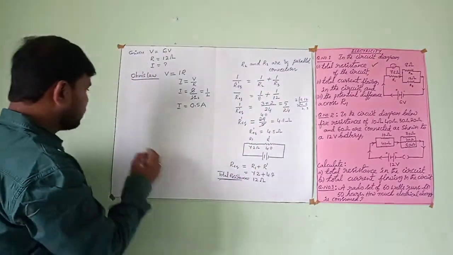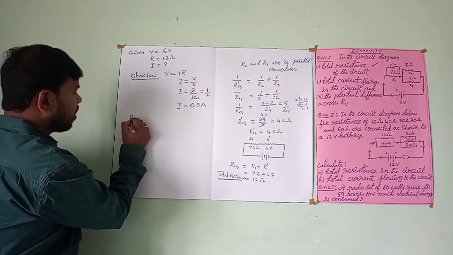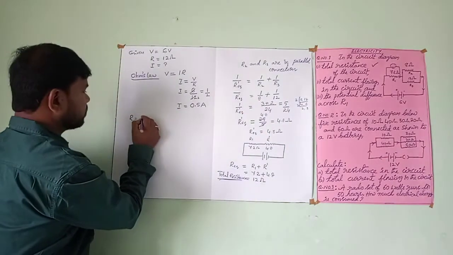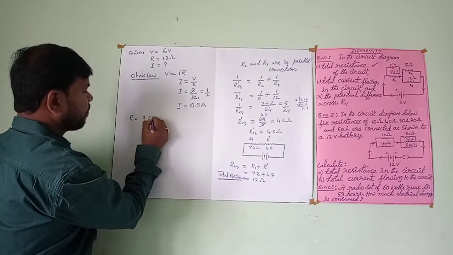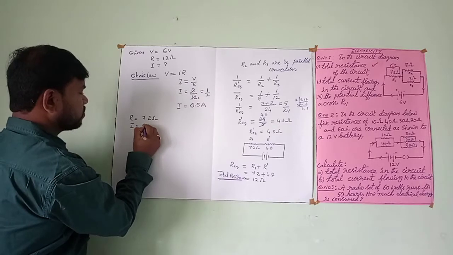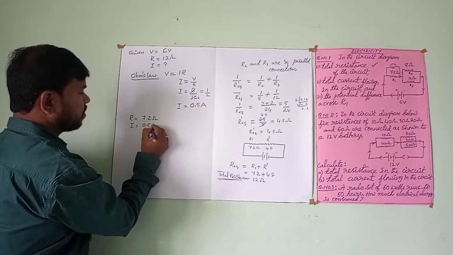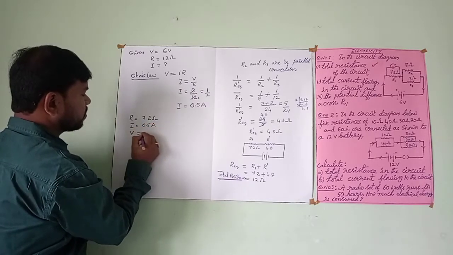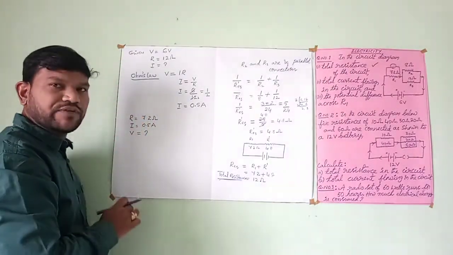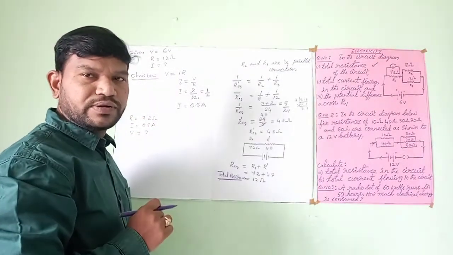So students, here R is equal to how much? 7.2. And I is equal to, just now we got 0.5 ampere. Now what is V? What is the potential difference across 7.2 ohms? That we need to identify.